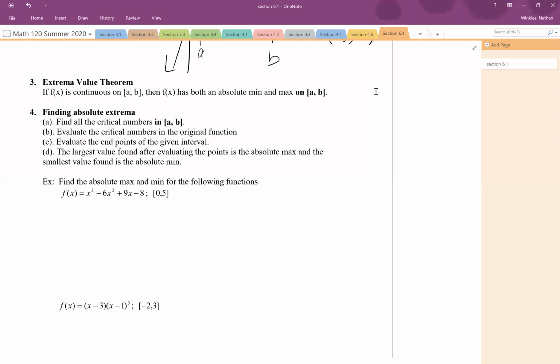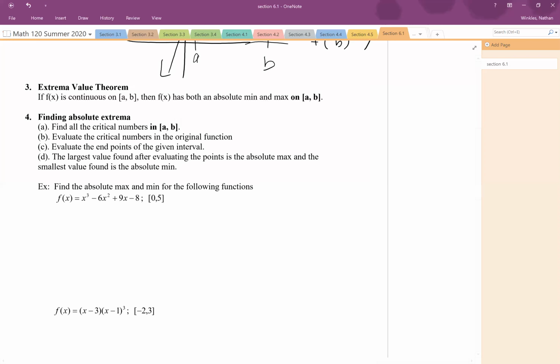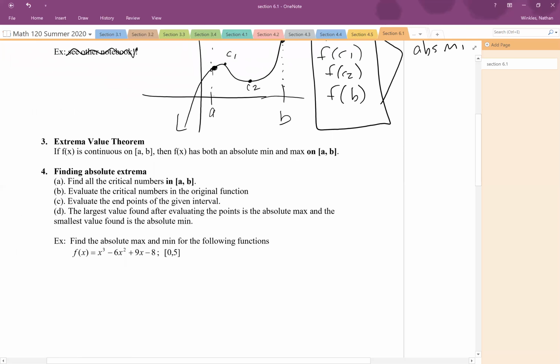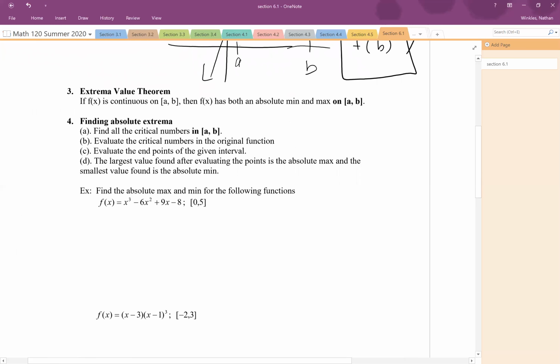We're then going to evaluate A and B. That's what I was talking about right here: f of A, f of C1, f of C2, f of B. Whichever one is the largest y value, that's our absolute max. Whichever one is the smallest is our absolute minimum. So anytime that we have a polynomial function, we're guaranteed to have an absolute max and an absolute min.